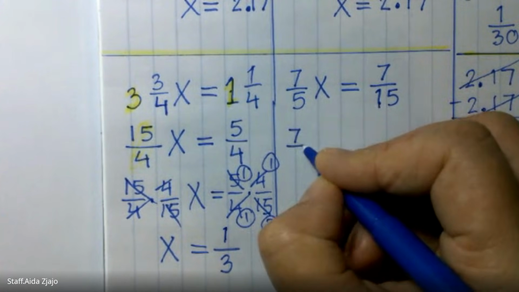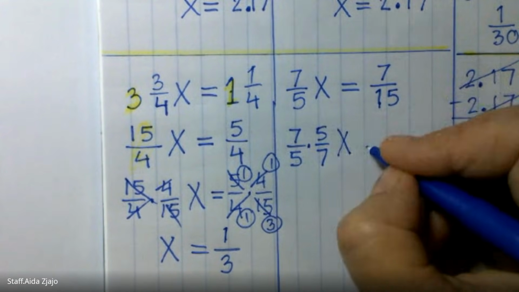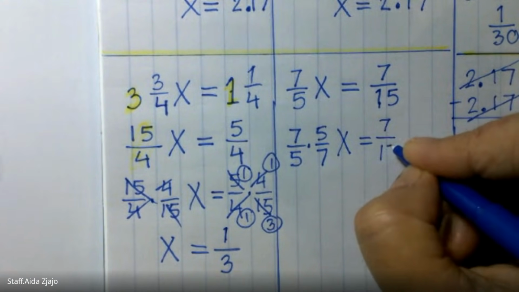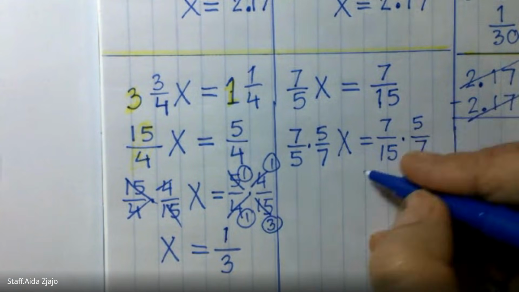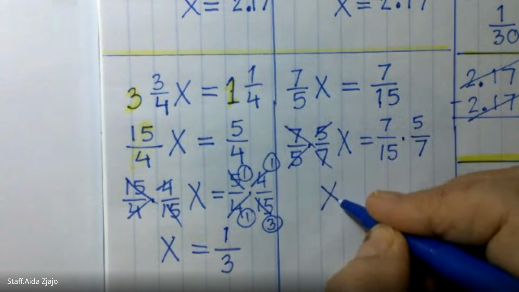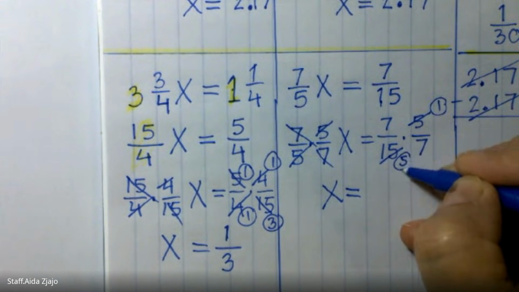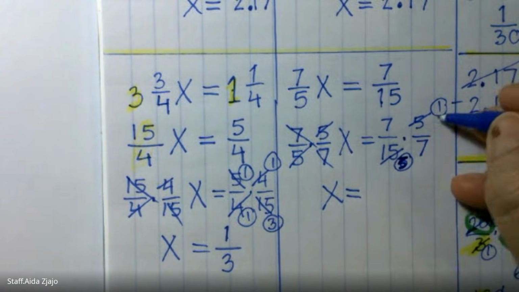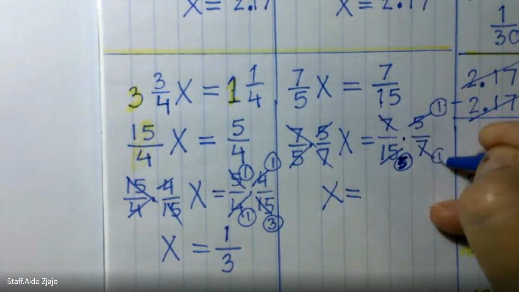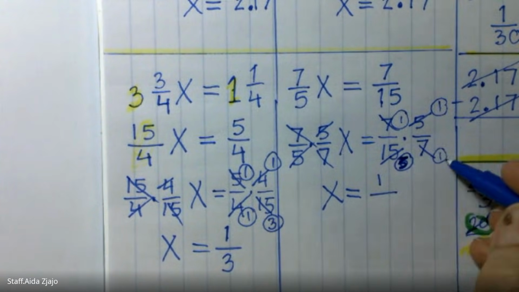Okay, let's see if that is going to be the same on the other side. So 7/5 times 5/7 X is same as 7/15 times 5/7. This will cancel, and then 15 and 5 is 1 and 3. 3 times 5 is 15, divided by 5 is 1, and 7 is 1 and 1. 1 times 1 is 1, and 3 times 1 is 3.